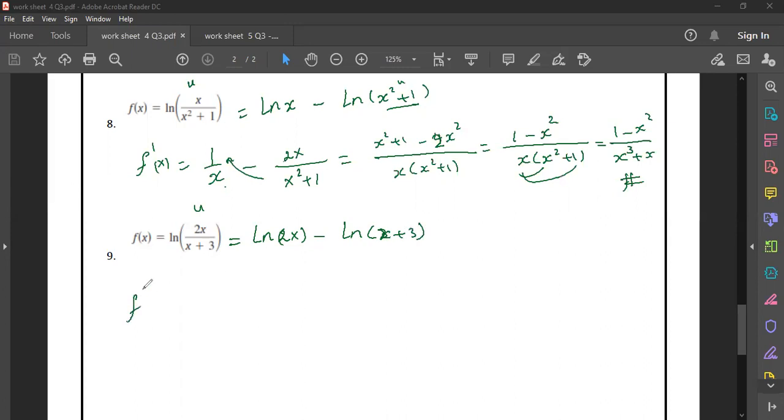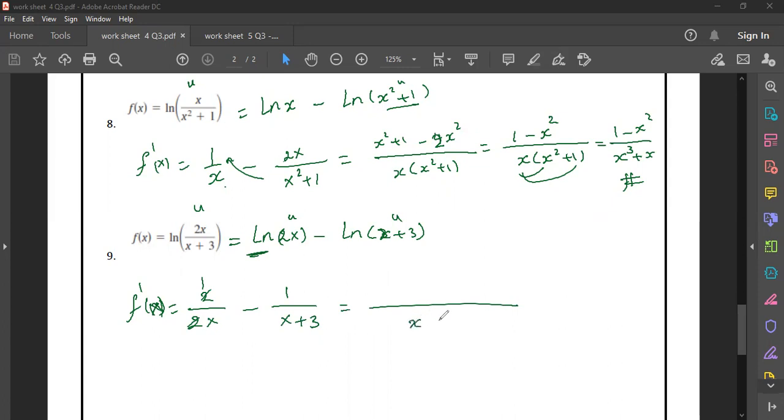Then find the derivative of this function after rewriting it. Okay, what is the derivative? I name this u for this one, it will be 2 over 2x, minus, for this one, ln u, it will be 1 over x, plus 1 over x plus 3.